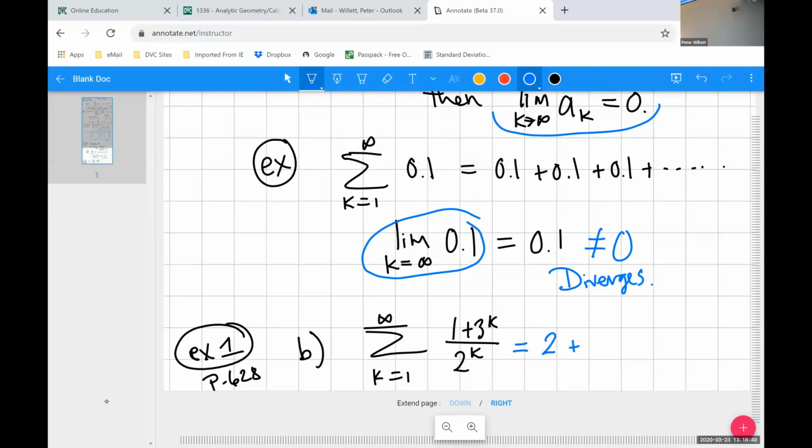If k is 2, I have 3 to the second is 9, plus 1 is 10 fourths, which is 5 halves. If k is 3, then I have 3 to the third plus 1 is 28 over 8, which is 7 halves.